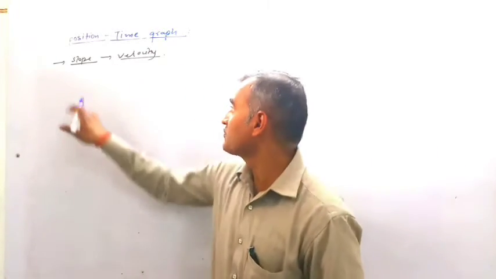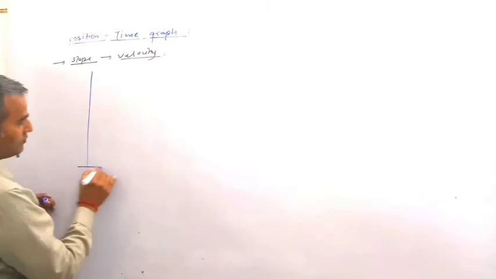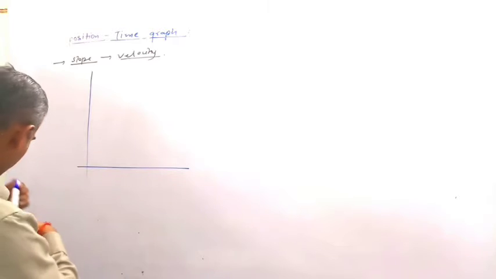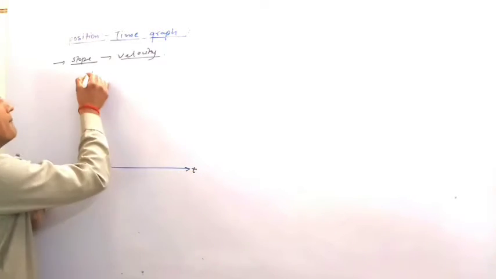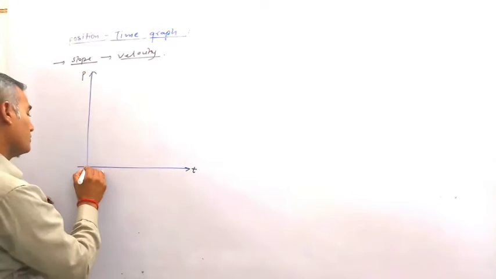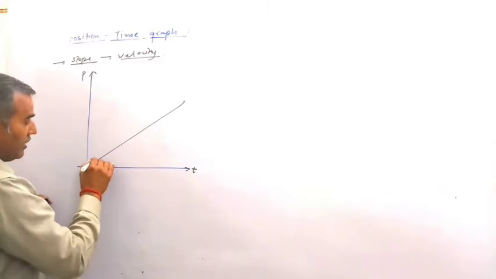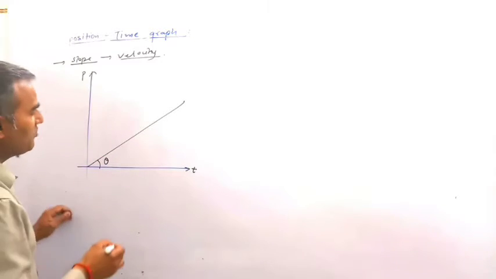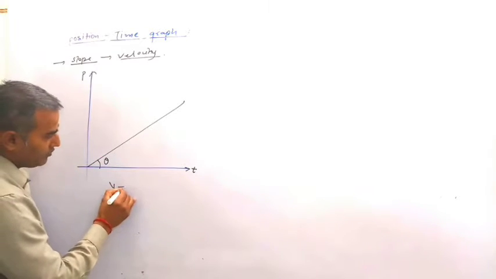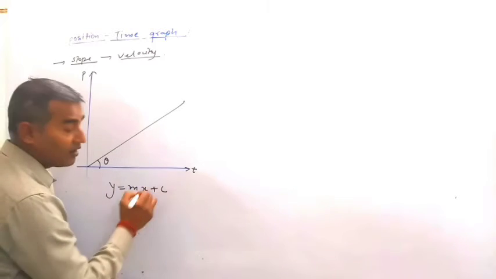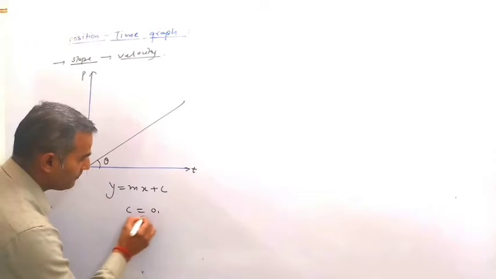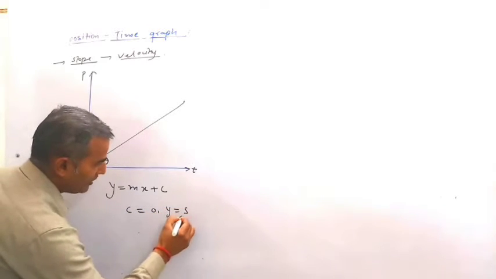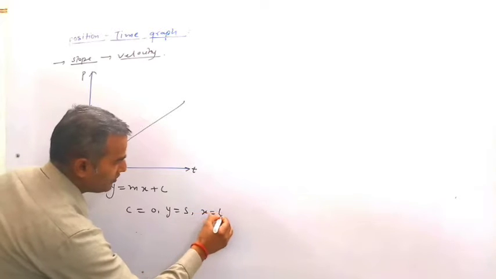Slope, velocity. See, time, position, this angle is theta. This is similar to equation y equal to mx plus c, where c is the intercept at y-axis. The value of c is 0, y is equal to s and x equal to t.